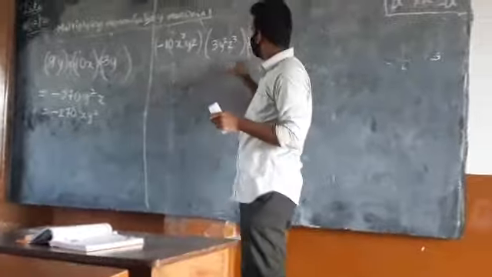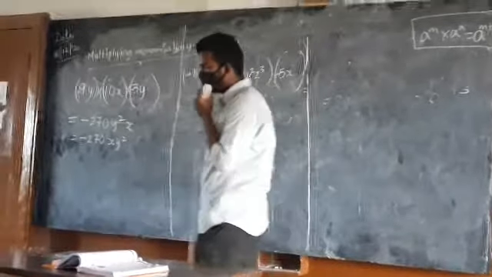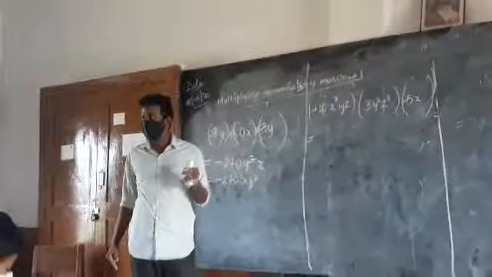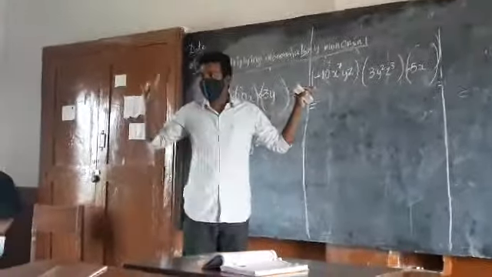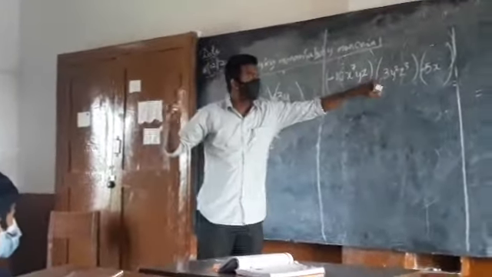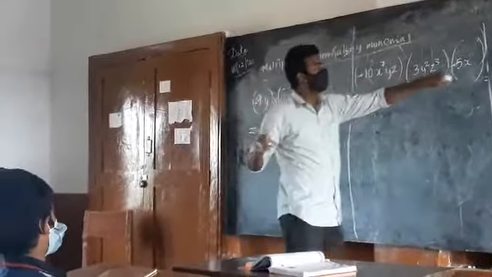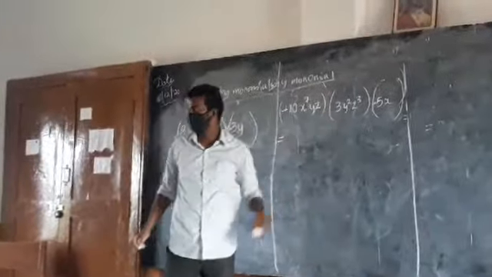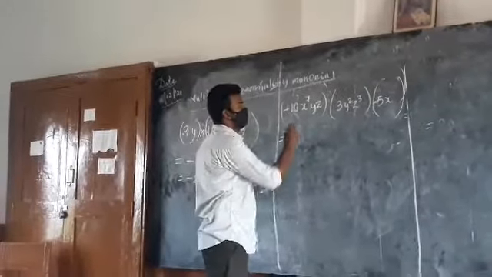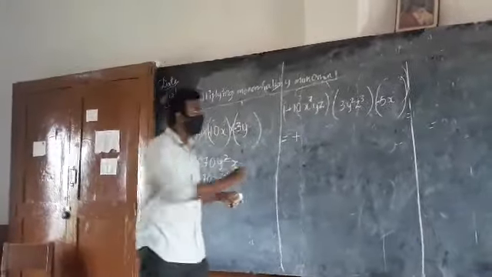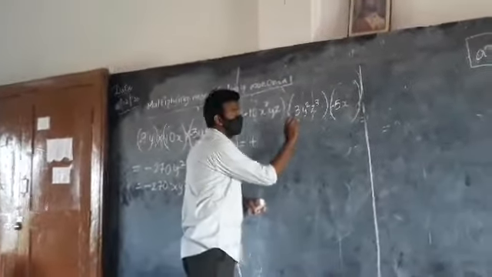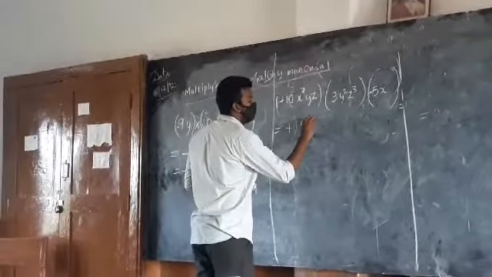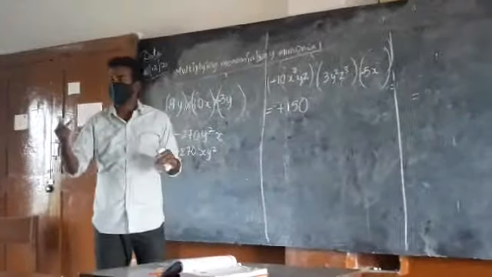Who is going to help me? First of all, the sign multiplication. Minus into plus, minus. Minus into minus, plus. So the overall sign of this product is plus. Now constants: 10 into 3, 30. 30 into 5, 150. Very good.